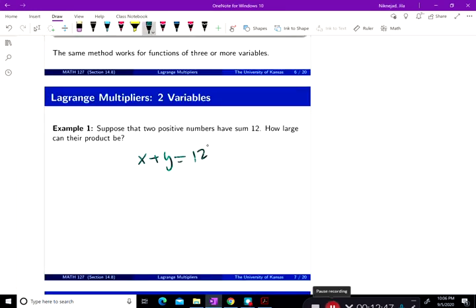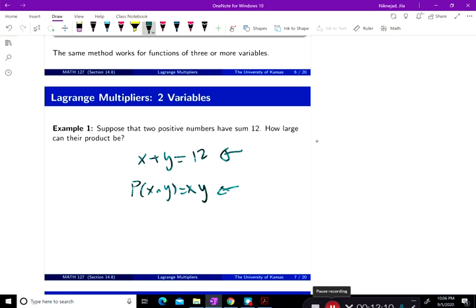So x plus y equal to 12, and then we're looking for the product, which is a function of x and y, to be x times y. So that's the constraint, and this one is the function.